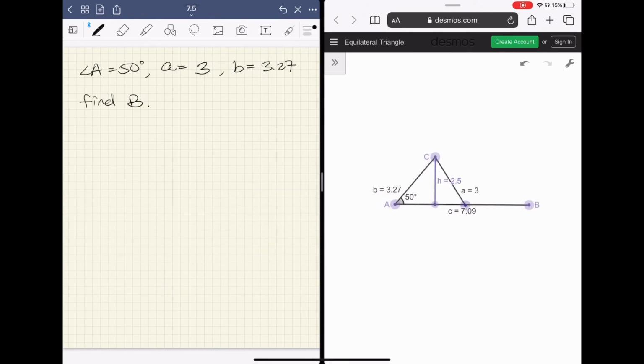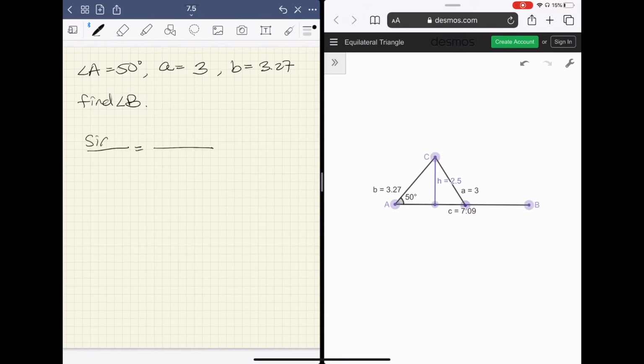An example for case 4 will look like this. Angle A equal to 50 degrees, side A equal to 3, and side B equal to 3.27. And the question will ask you to find angle B. So same thing, use the sine law. Sine A over A, A is 3, equal to sine B over B, 3.27.